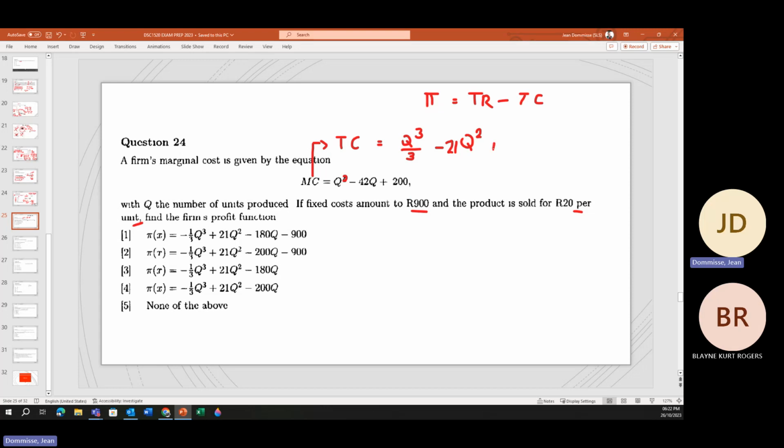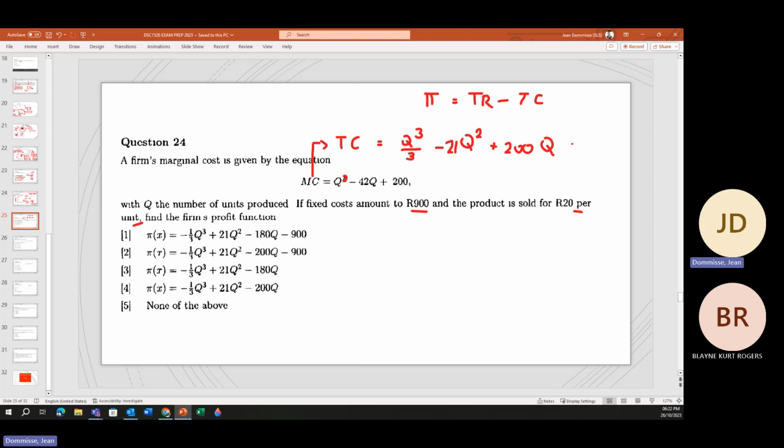And then plus 200Q, so that will be our total cost function. Again, if we integrate marginal cost, we get to total cost.